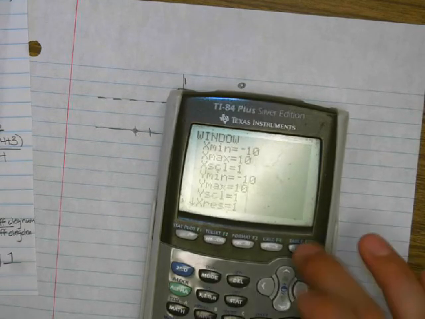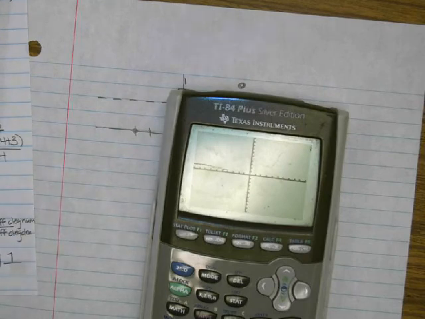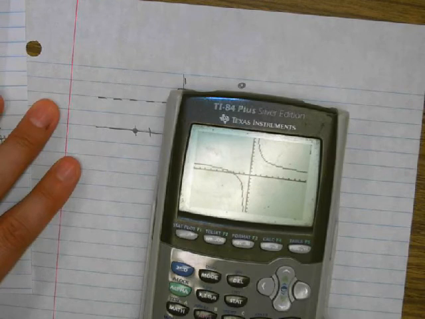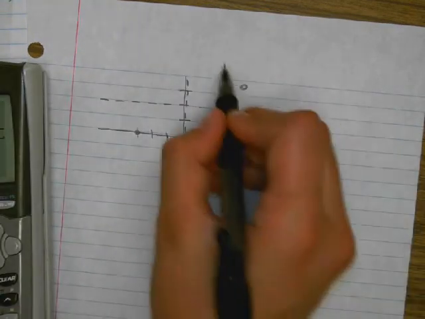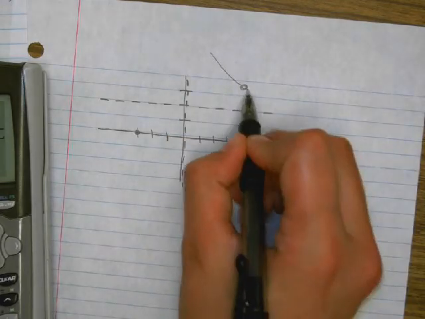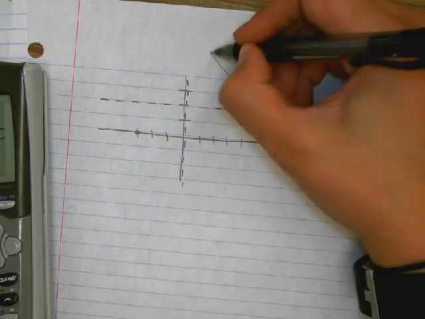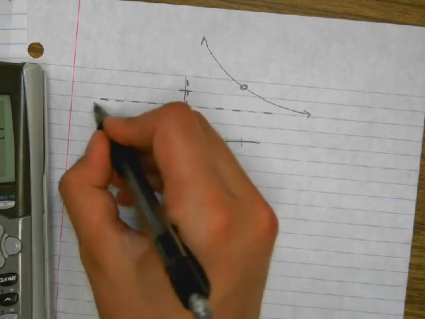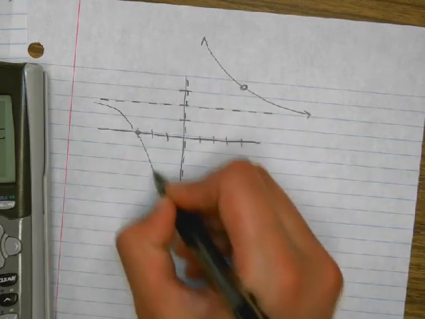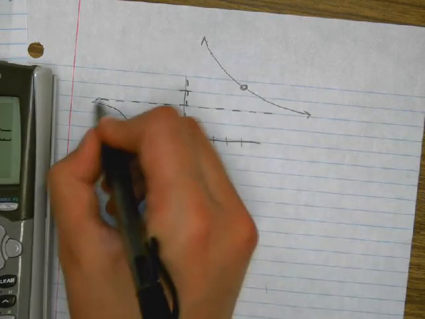There we go. And then I'm going to go ahead and just draw a little sketch. So this graph makes sense for us because of the way asymptotes work. I know that this curve is going to follow this horizontal asymptote. It's going to look like that.